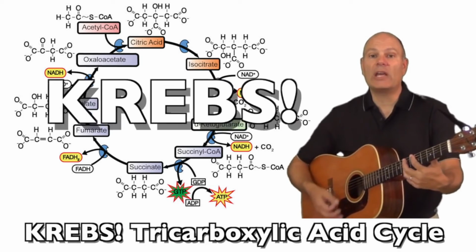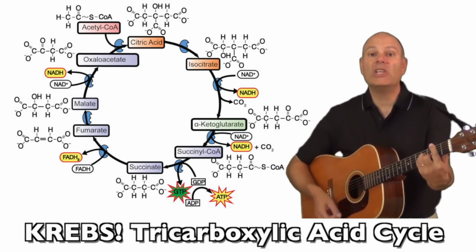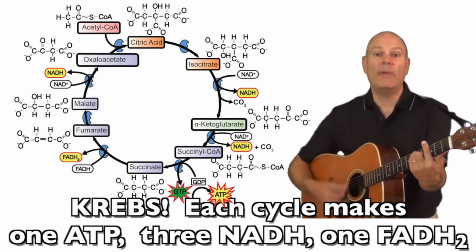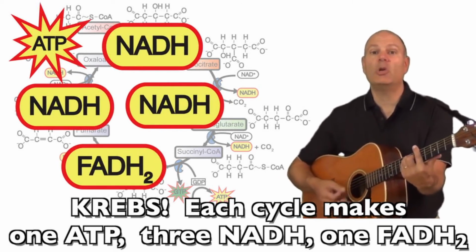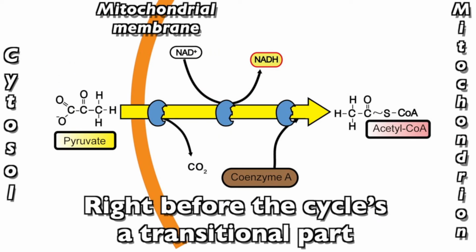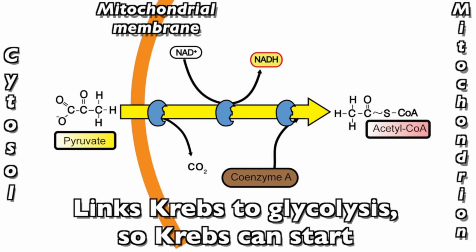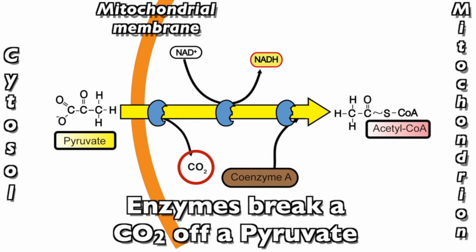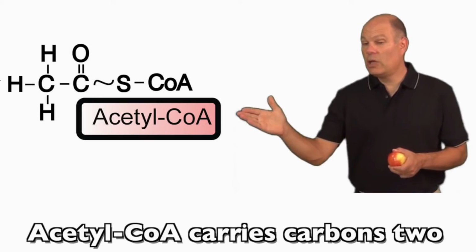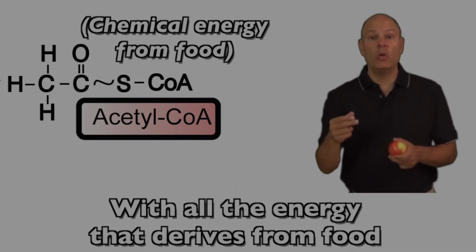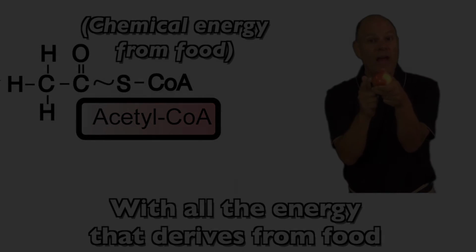It's a citric acid cycle, Krebs. Tricarboxylic acid cycle, Krebs. Each cycle makes one ATP, 3 NADH, 1 FADH2. Right before the cycle's a transitional part, links Krebs to glycolysis so Krebs can start. Enzymes break a CO2 off a pyruvate, yields an NADH and acetyl-CoA. Acetyl-CoA carries carbons too, with all the energy that derives from food.